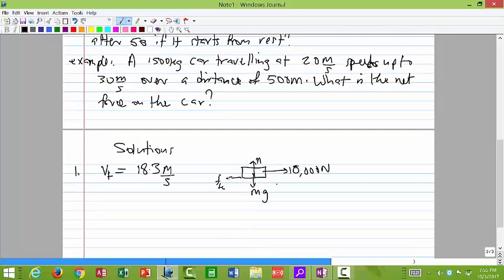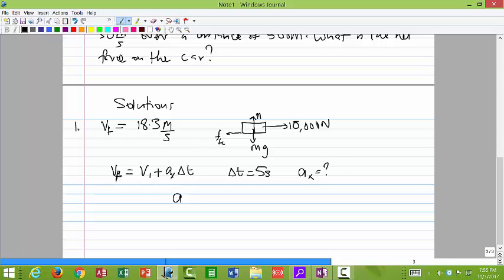Okay. So what we want is V final equals V initial plus a_x delta t. Delta t we know is 5 seconds, so we just need to find a_x. You can find acceleration a by doing net force over mass. The net force is the 10,000 Newton force minus F_k, divided by mass.